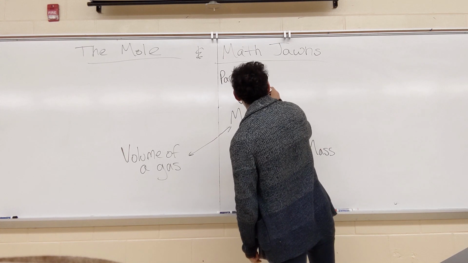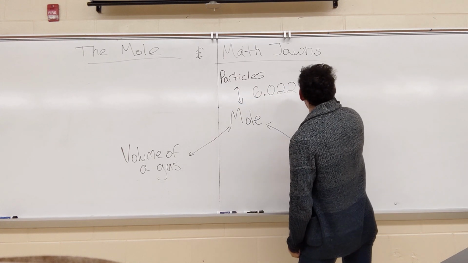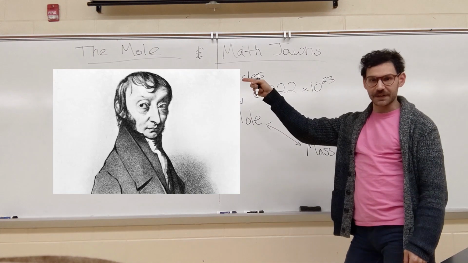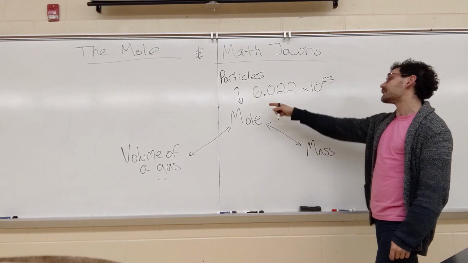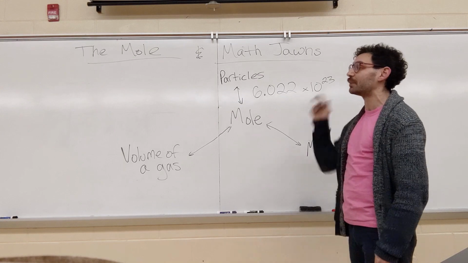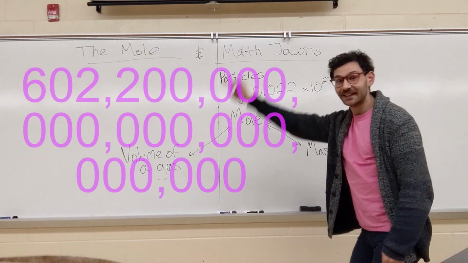When we talk about the mole, we should probably talk about Avogadro's number. Yeah, that's right, my dude Avogadro. Look how funny his face is. Anyway, Avogadro's number is a big old number which I don't feel like writing out, but there it is written out. That's a big number.